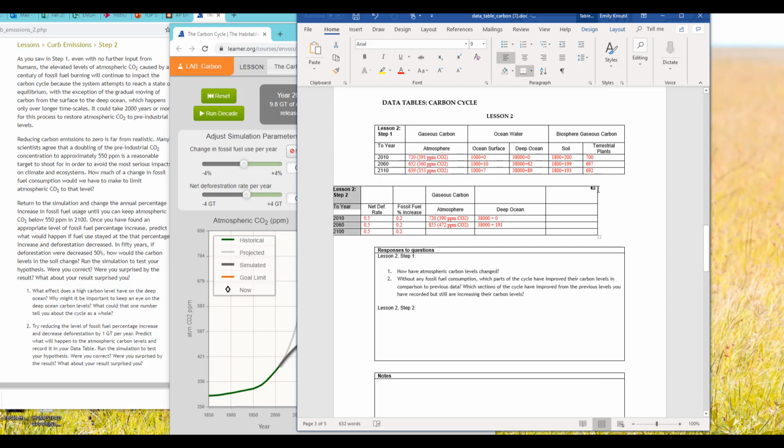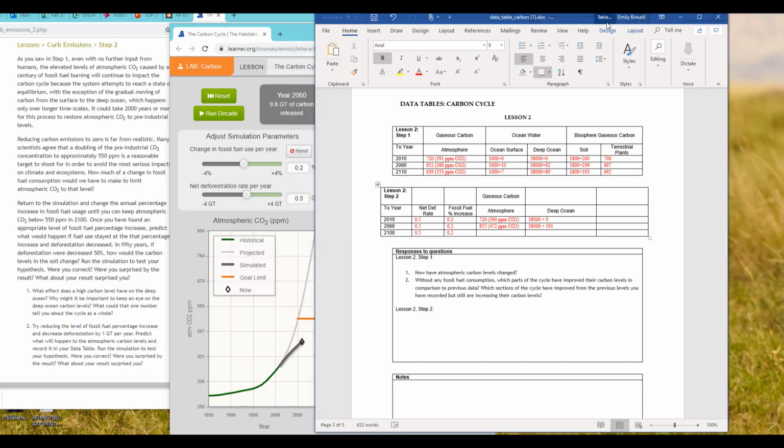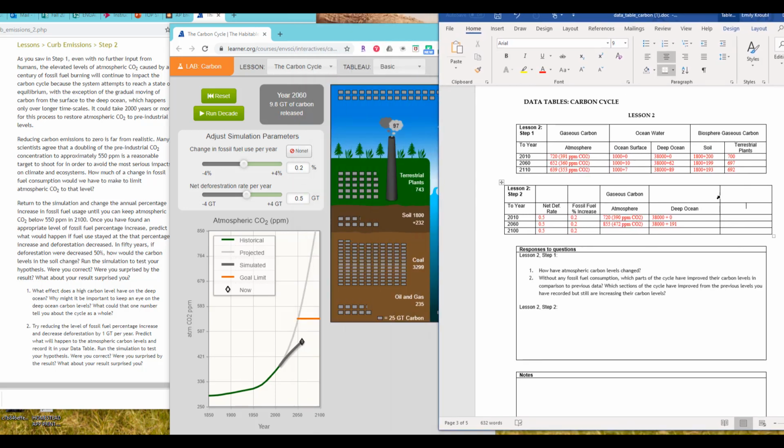Oh dear. Okay. And then I'll add the 2060 and the last one, and then I'll just go back to the beginning and get that later.